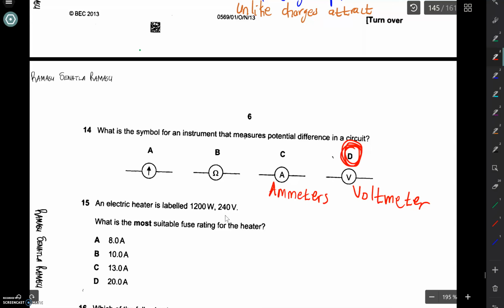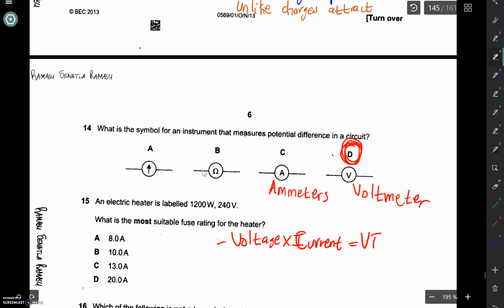Now you need to use the formula power is equal to voltage times current, or P is equal to VI. P is power, of course.